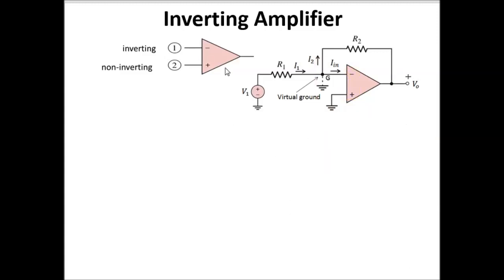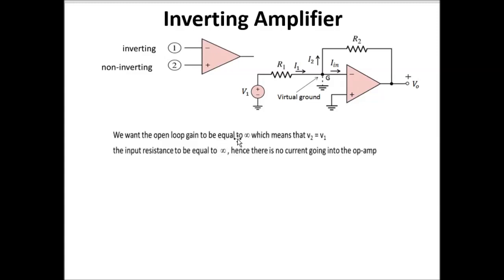So if you look at the properties of the op-amp, the ones that I mentioned in the slides before, we want to use the ideal op-amp for our operational amplifier calculation. So the first one is we want the open loop gain to be equal to infinity, which means that V2 is equivalent to V1.